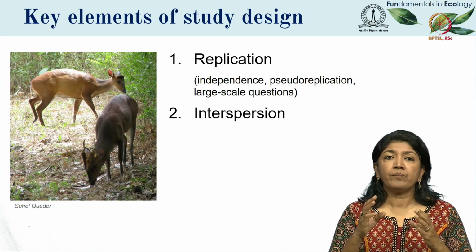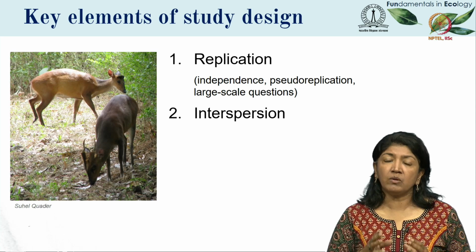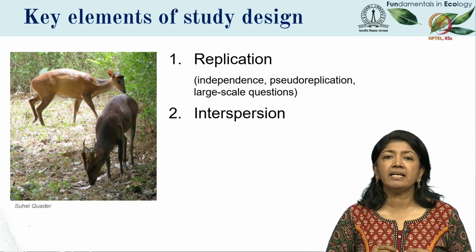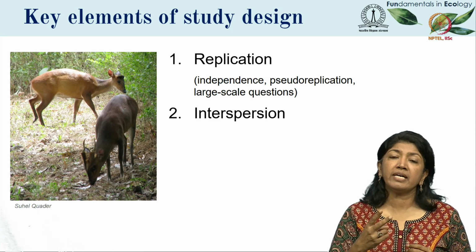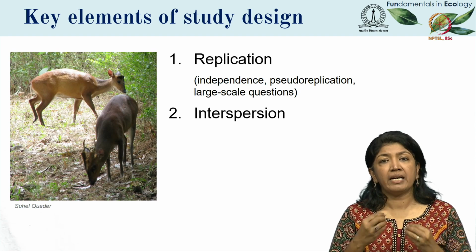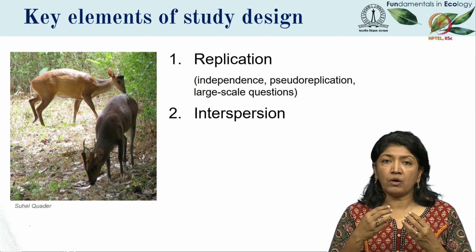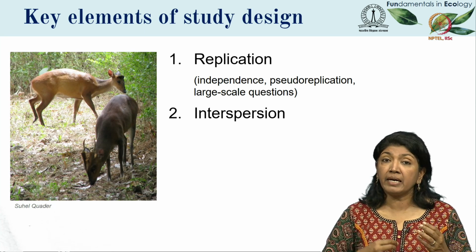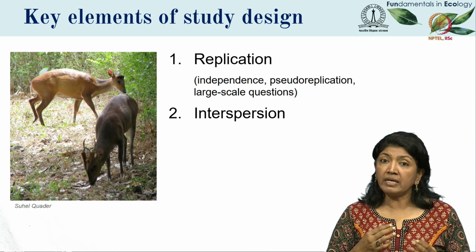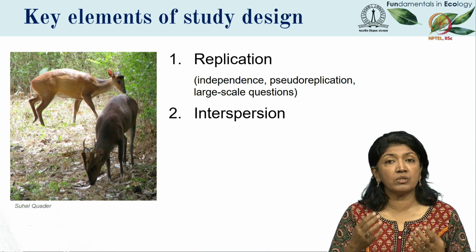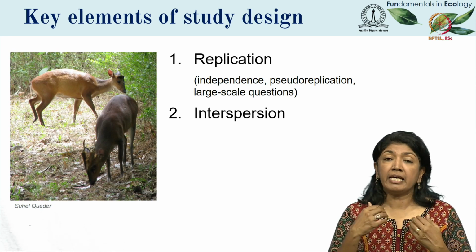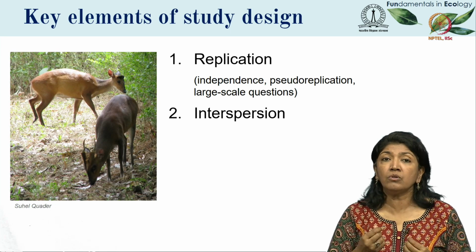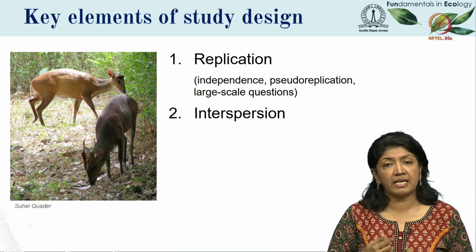Okay. So, to sum up, what we have looked at in this first session on study design is we have talked about two key elements of study design: replication, and talked about the importance of identifying what is an independent replicate, being aware of possible correlations in our data points and the sources of these correlations, thinking about pseudo-replication, thinking about large scale questions and how to strengthen inference in large scale questions.